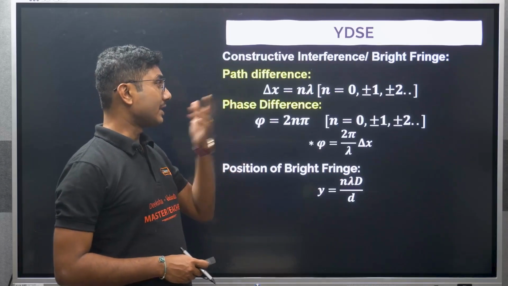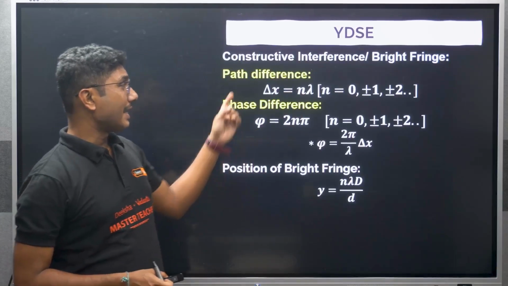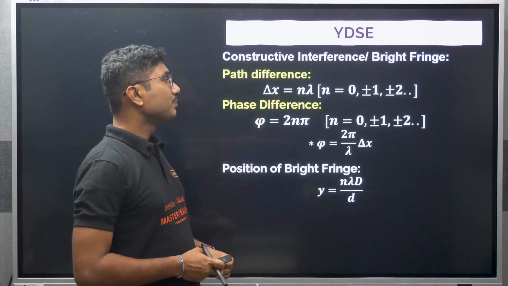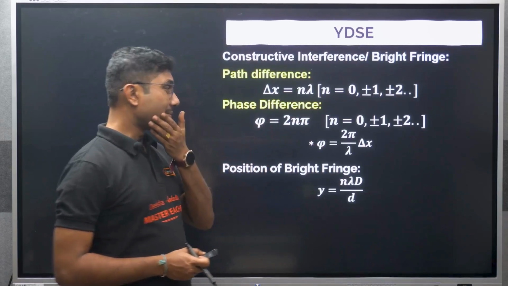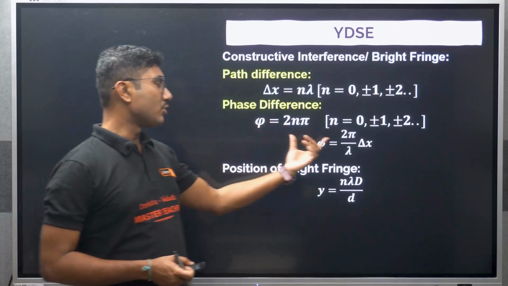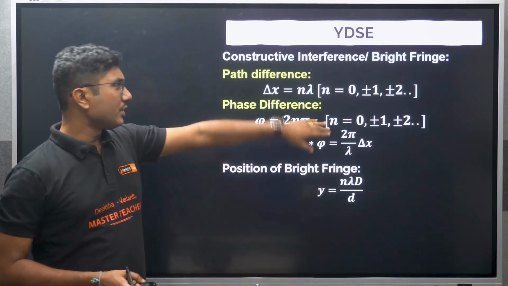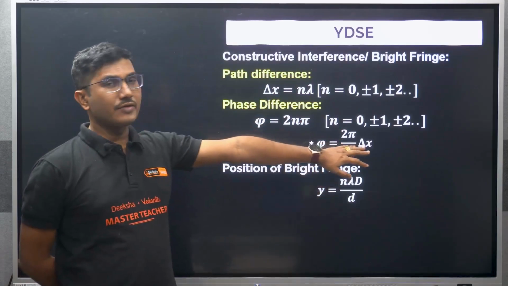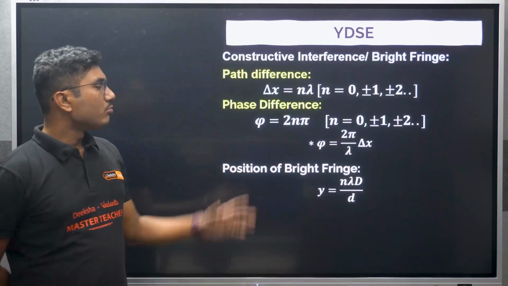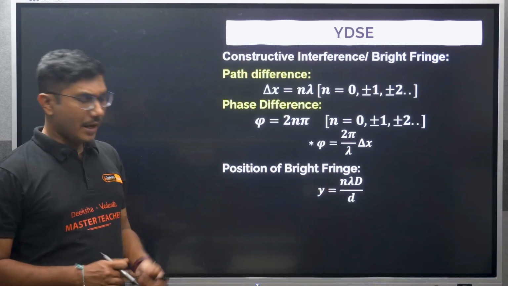In case of constructive interference, the path difference is given by delta x equals n lambda, where n is an integer, and in terms of phase difference, it is given by 2n pi. The normal formula for phase difference is 2 pi by lambda into delta x. So if you know the path difference, you can convert it into phase difference as well. This is the conversion formula. The position of the bright fringe is given by y equals n lambda D by small d.